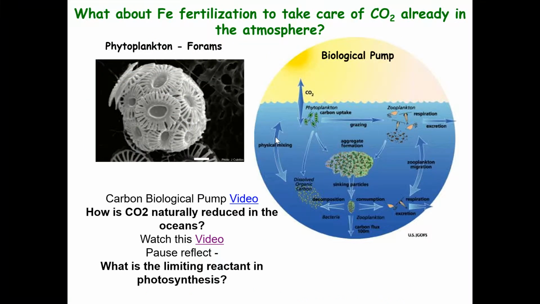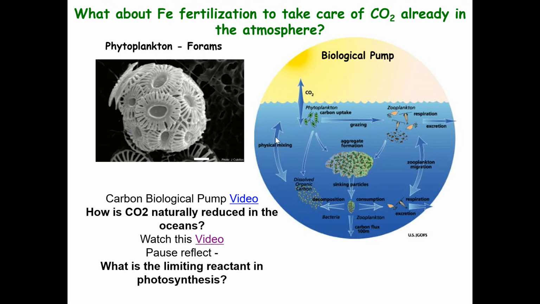Another thing that's discussed, and again, we have a video that I put into your Schoology classroom, is called iron fertilization. Iron fertilization changes the process of the biological pump that we talked about in the earlier video. If I can get the carbon dioxide to be more naturally reduced through this iron fertilization, the iron starts to pull some of that carbon dioxide out of the water.